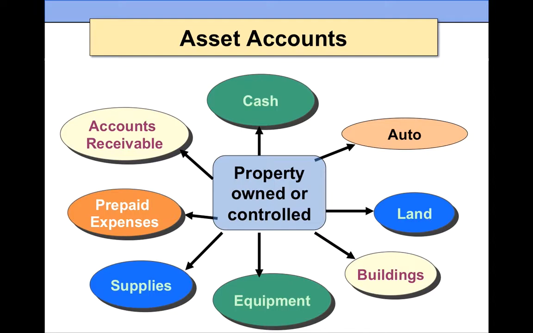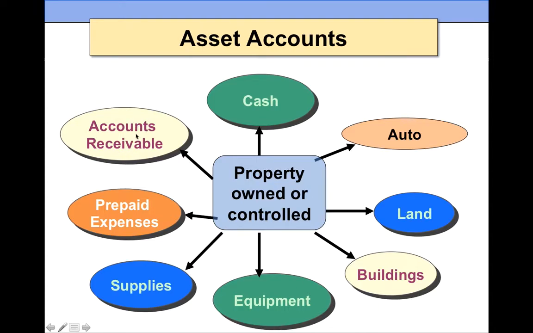So right now we will not have that many accounts, but these are examples of asset accounts: cash, auto, land, building, equipment, supplies, prepaid expenses, accounts receivable. Accounts receivable, or AR, is probably something new. When we sell on account, say we are Apple selling a computer and we give the customer 6 months, no cash, we record it as accounts receivable.